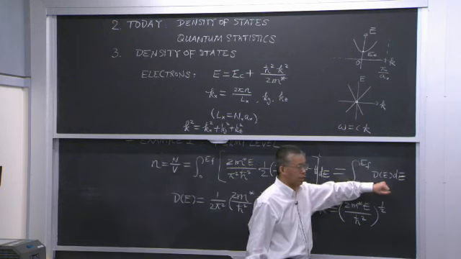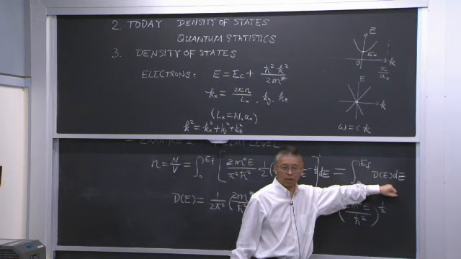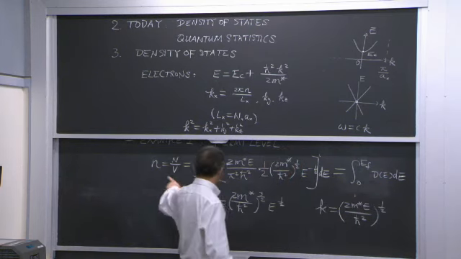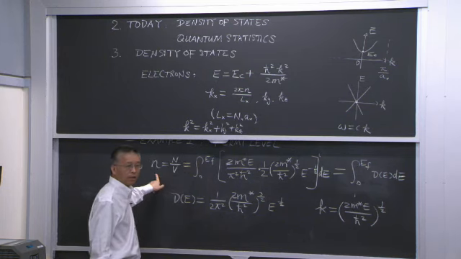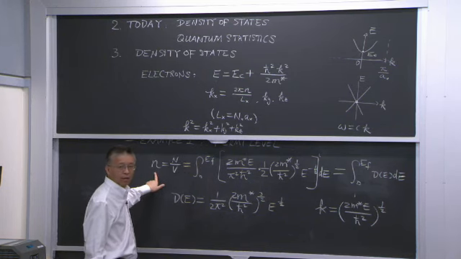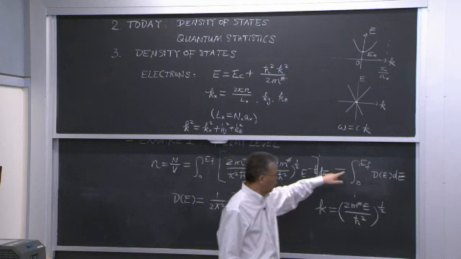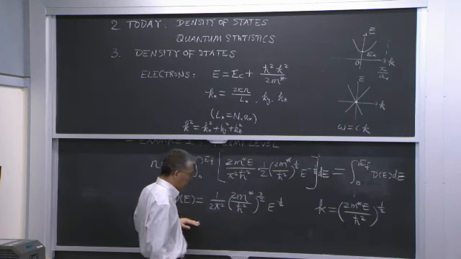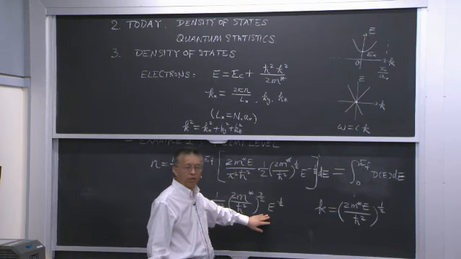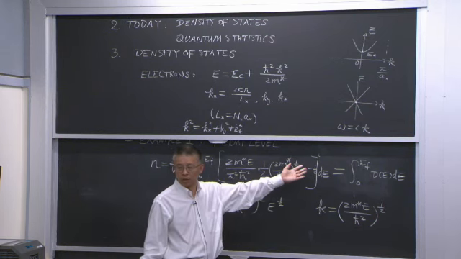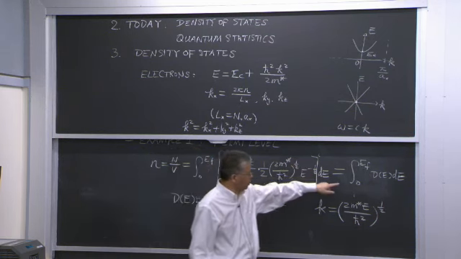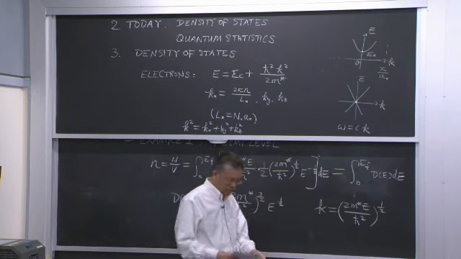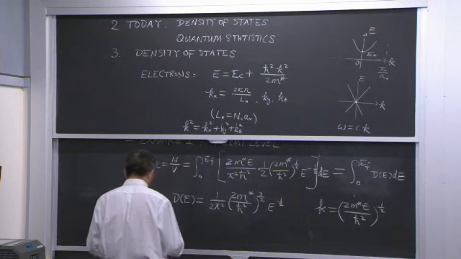I write the density of states and integrate over E. That's how many states I have. Each state holds one electron, so that's how many electrons I have. With that, you do your integration. This is a constant you can take out. It's really the integration of E to the 1/2 dE from 0 to EF. So this will give you where your Fermi level is.